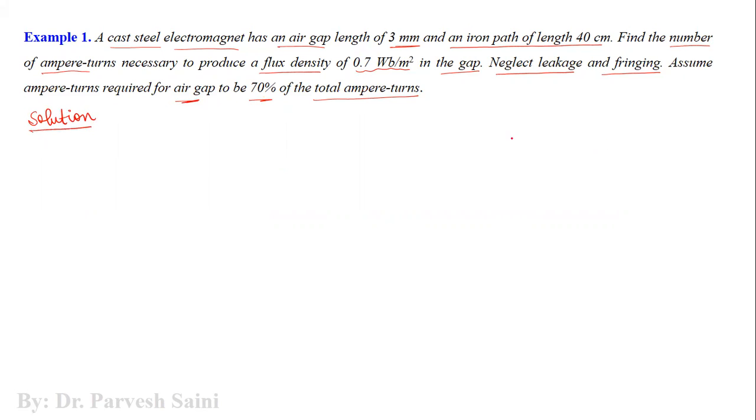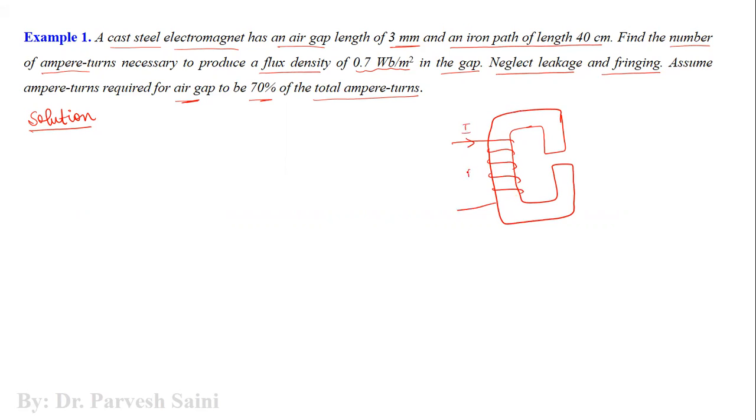Now, because it is an electromagnet, let us draw the diagram like this. It has some number of turns, n, and some current I is flowing here.